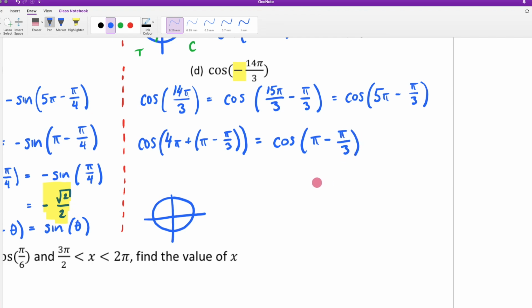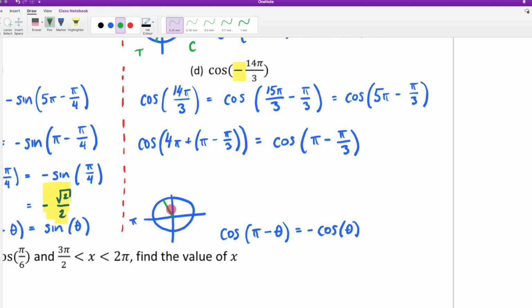Now we need to remember our symmetry properties for pi minus an angle for cos. So what is cos of pi minus an angle? Well, it's going to be equal to negative cos of that angle. And the reason why we know that is because pi minus theta, where here is pi, so if I'm minusing an angle from it, it's going to take me over here.